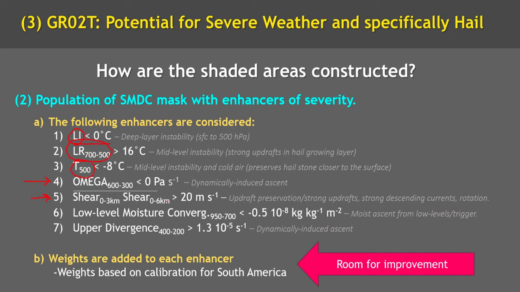And also there's a threshold for high shear. Whenever you have too much shear, you tend to destroy the storm. So we haven't implemented that. So far we're working with this, and it's working for us. Then we also have the low-level moisture convergence and the upper divergence. So this is very general, given that our forecast domain region is very large, but it's working for us.